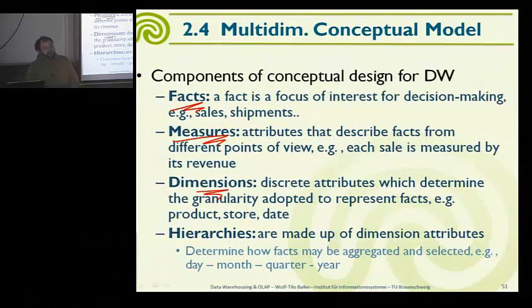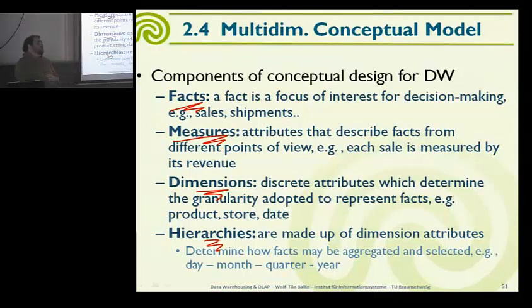Then you need to figure out the dimensions that you're interested in, the product, the time, the location, whatever you're interested in, dimensions. And within each dimension, you need to figure out the hierarchies. Is time really granular on the second, or do I need daily, weekly, monthly, per year, or something like that? So what granularity do I want to have, and do I support multiple granularities?